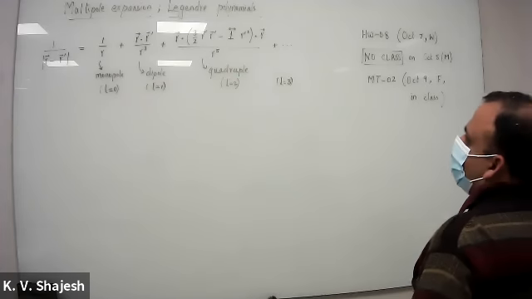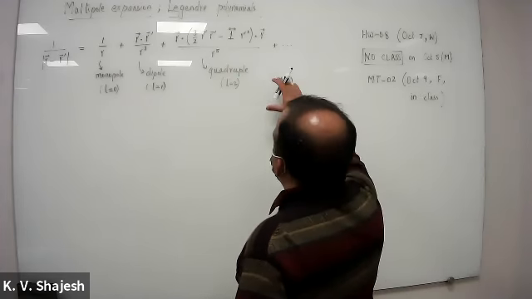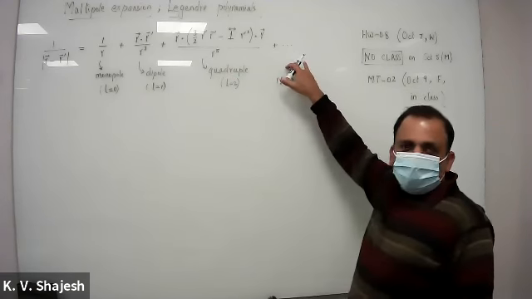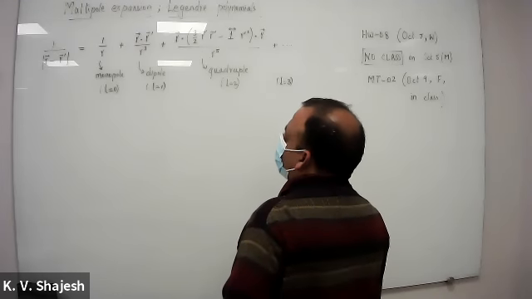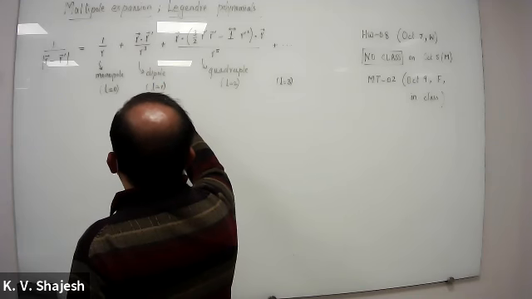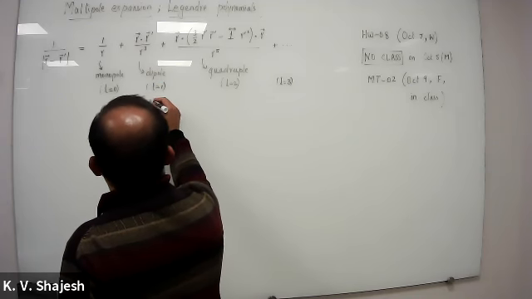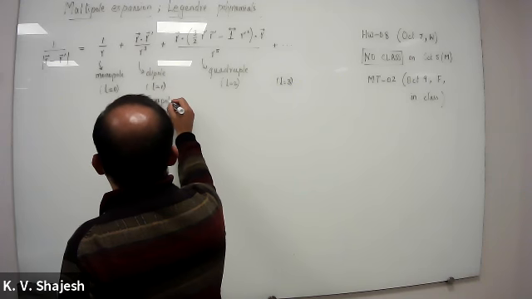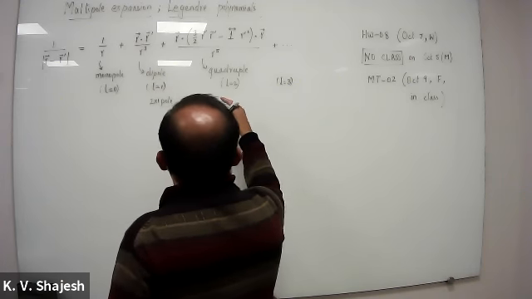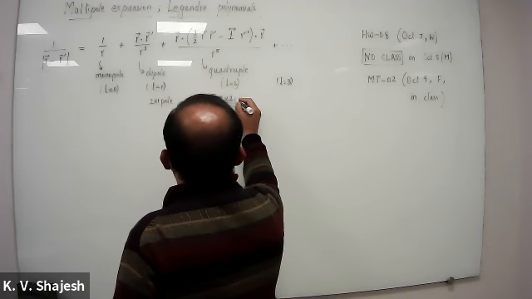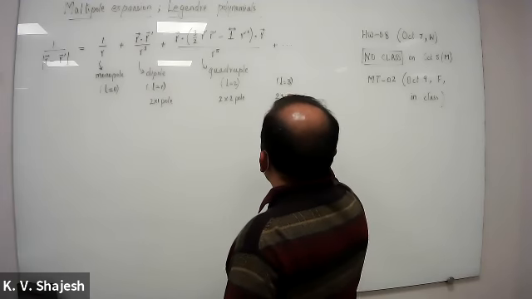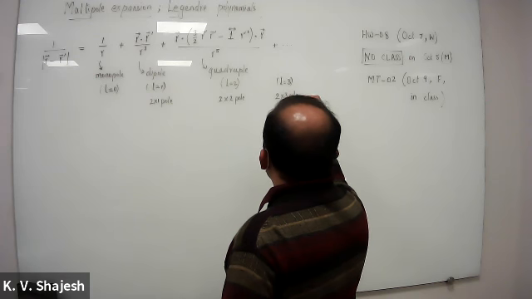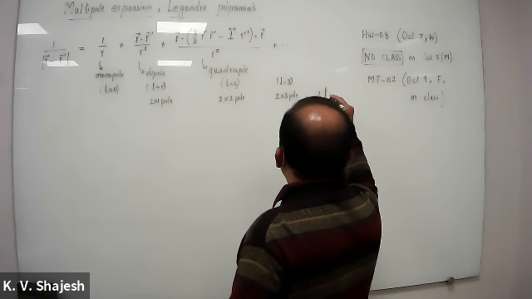Maybe I said it wrong before: dipole is 2 times 1 pole, this is 2 times 2 pole, the next will be 2 times 3 pole, and in general there will be 2 times L pole, or 2 to the L pole.